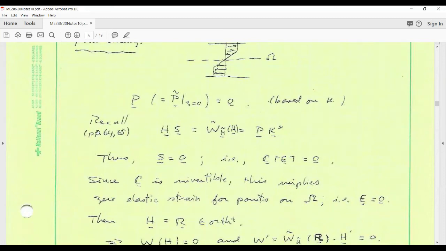And if you look way back in your notes, pages 64 and 65, dW dH evaluated on the midplane, that would be the midplane Piola stress times the cofactor of the inverse plastic deformation, K star. And that's also equal to H times the second Piola-Kirchhoff stress based on the intermediate configuration, referred to the intermediate configuration. Okay, so that's theory that we've had some time ago.